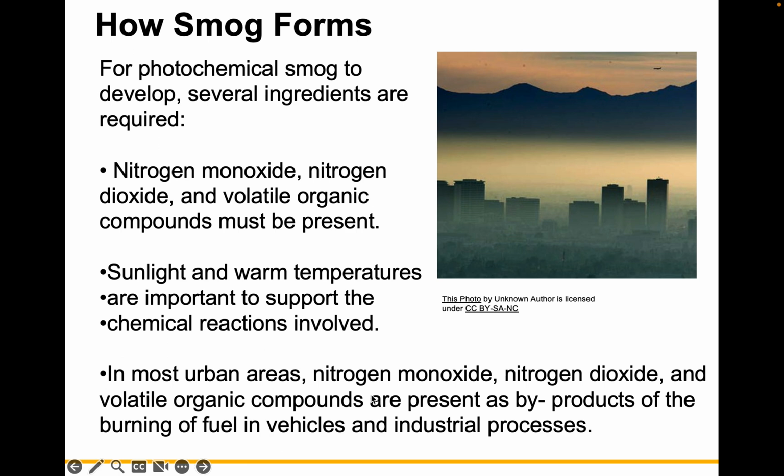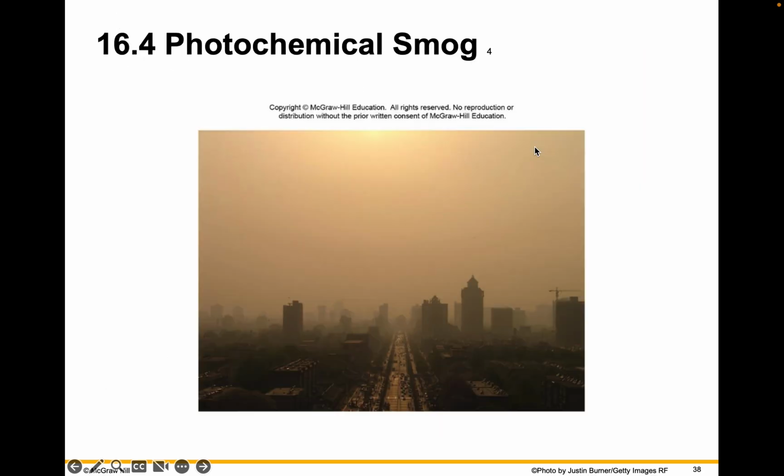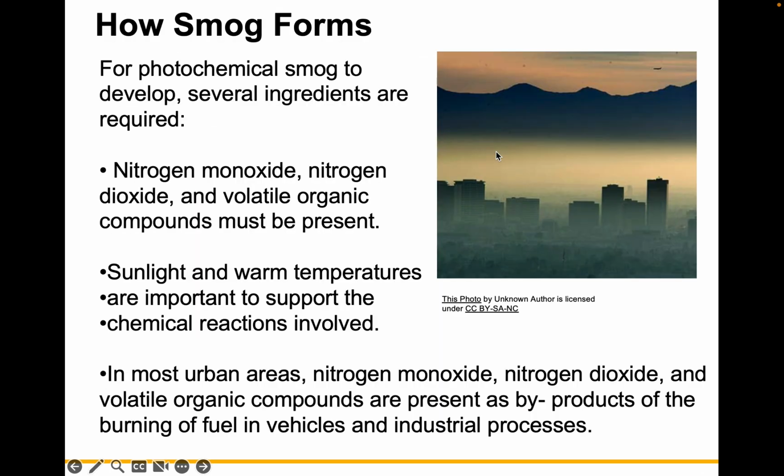And in most urban areas, nitrogen monoxide, nitrogen dioxide, and VOCs are present as byproducts of burning fuel in vehicles and industrial processes. And you can see here where there's a layer where the smog is sort of stuck down here in the city and it can't rise and escape and blow away, right? It's trapped there.